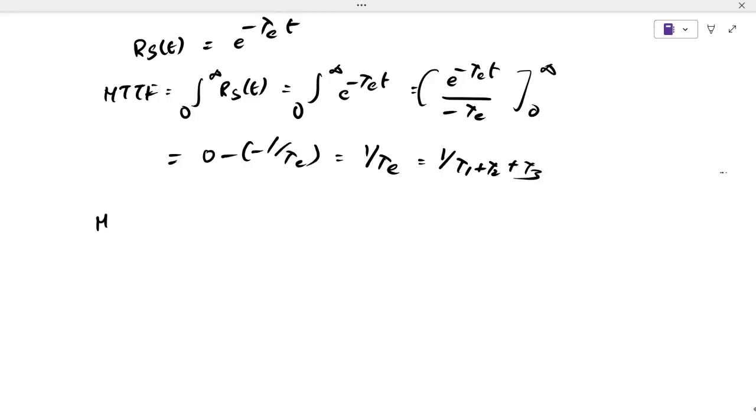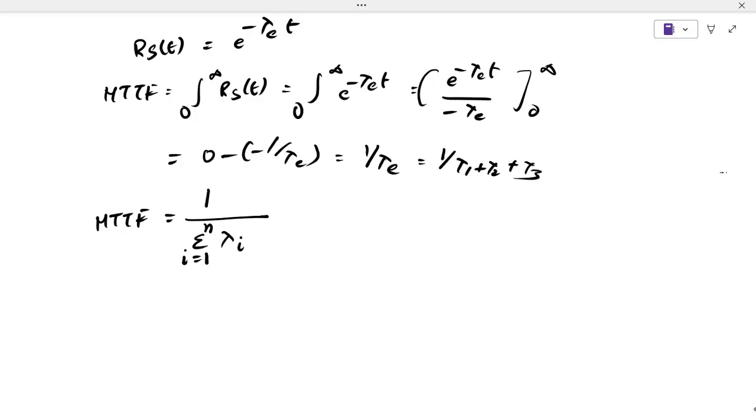The mean time to failure for n components connected in series will be, as the general formula I am writing here, sigma i equal to 1 to n lambda i.